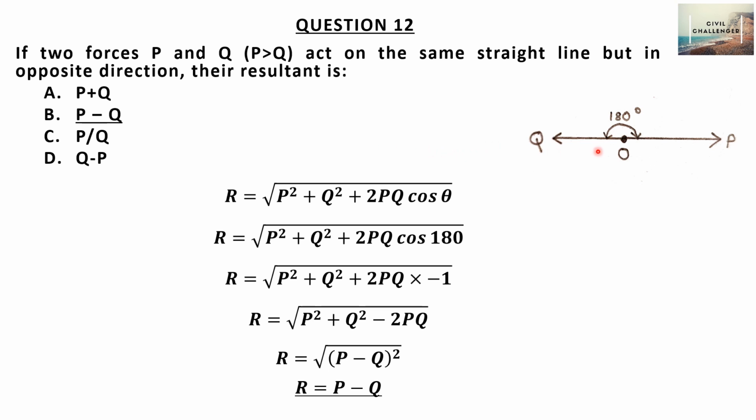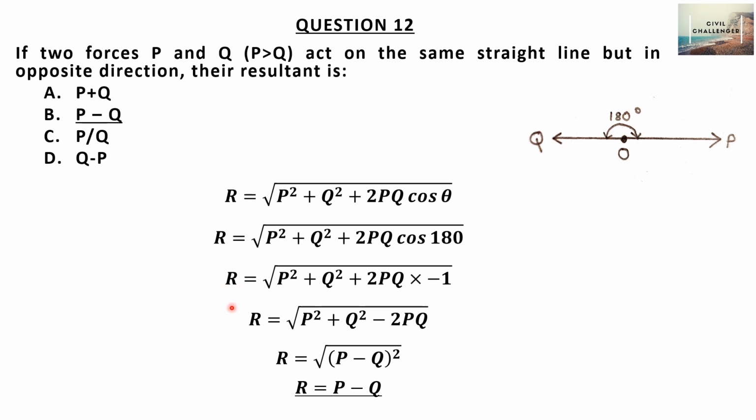Now we have P acting opposite to Q, or Q acting opposite to P. So if we draw this diagram, we can say that the angle between the forces is 180 degree. Substituting in the general equation, the resultant of two forces is equal to square root of P square plus Q square plus 2PQ cos theta. We will get cos 180 degree, and cos 180 degree is -1.